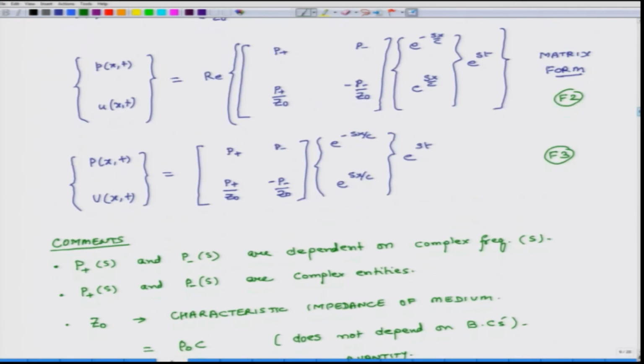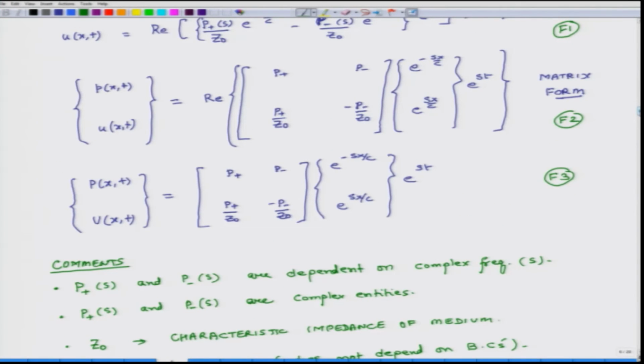When we look at the transmission line equation, P of x and t is unknown, u of x and t is unknown, P plus is unknown, P minus is unknown. Z naught is known, because we know the density and the velocity of sound. Also x is known. So, other parameters are known, but these 4 are unknown parameters.